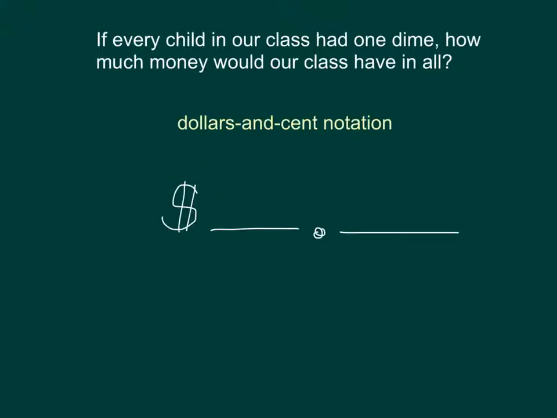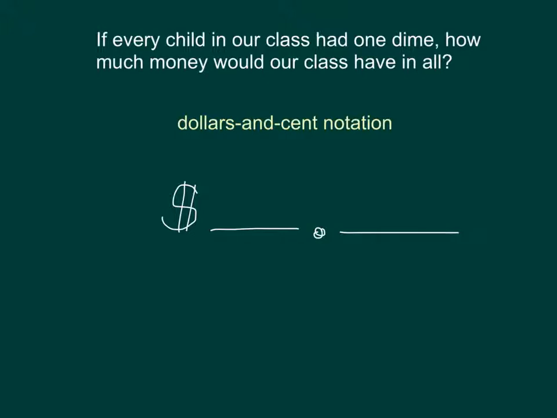This symbol stands for the word dollar. It tells me how many dollars we have in change. This period can also be called a decimal point. It lets me know how much change or money I have left that is less than $1.